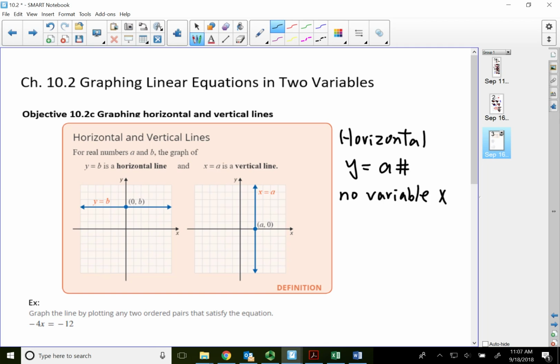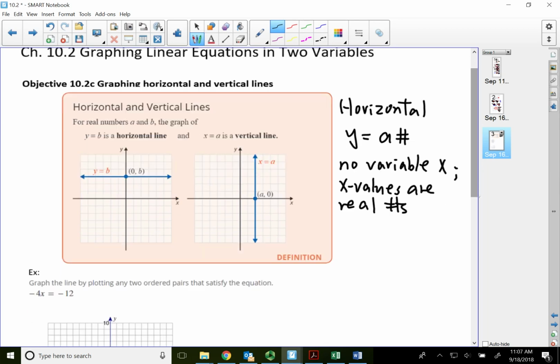So when it comes to graphing, the x value can be anything you want it to be. They are all real numbers.